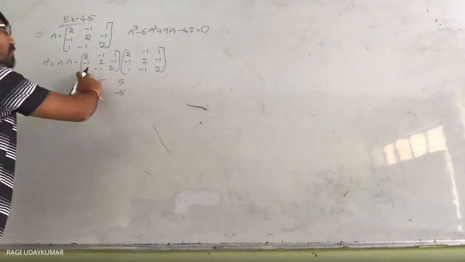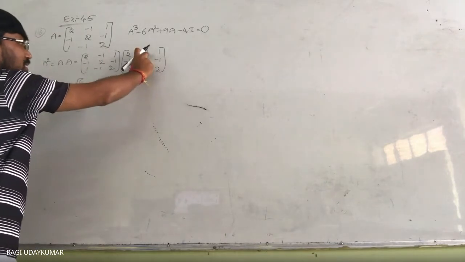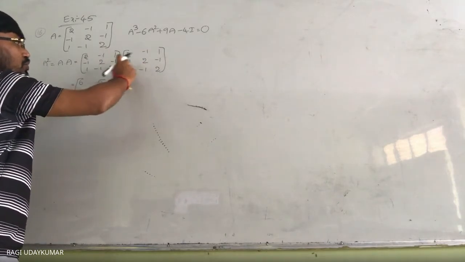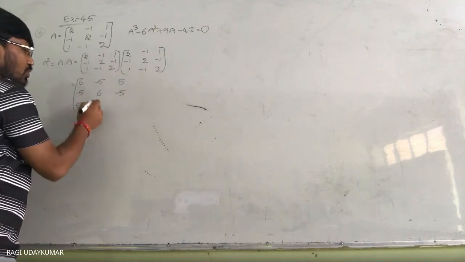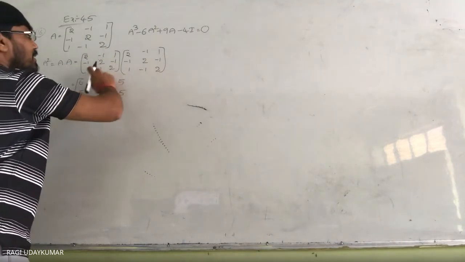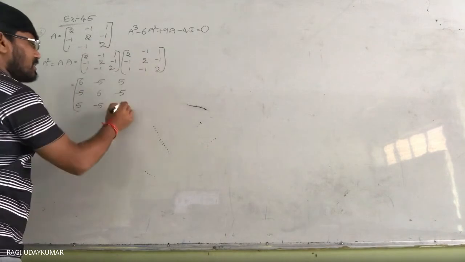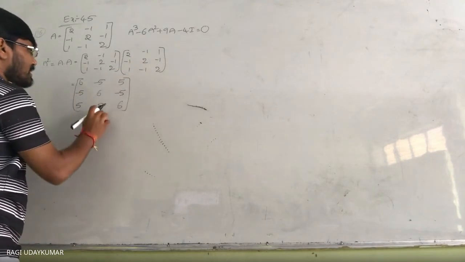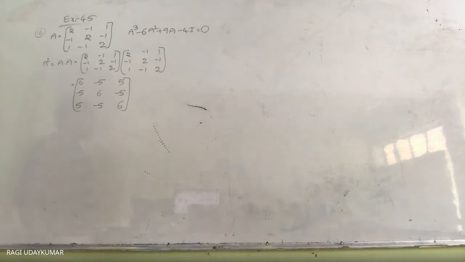Next 1 minus 1 minus 2 minus 2 minus 5. Next 1 plus 1 plus 6. Can anyone say what this a square is? Which type of matrix?